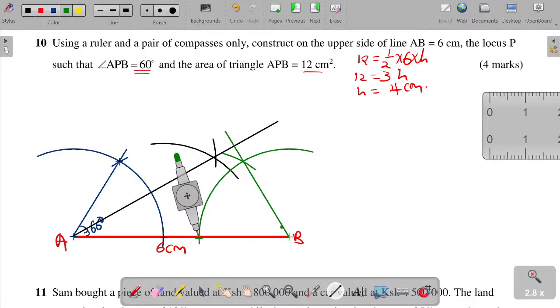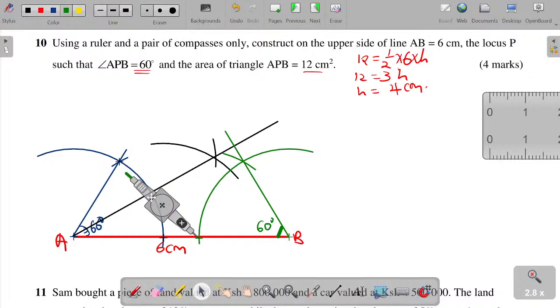This angle here is 60 degrees. Then after constructing the 60 degrees, I need to bisect it in order to get 30 degrees.